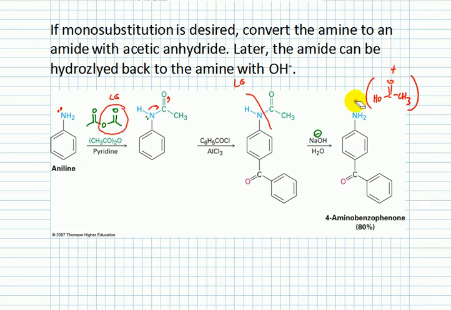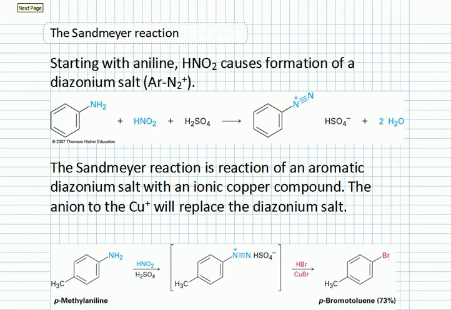But then we get our amine back. So acylating an amine like aniline will help control its reactivity. It doesn't make it so donating, so hot for electrophilic aromatic substitution reactions, that we can actually control the reaction much better.